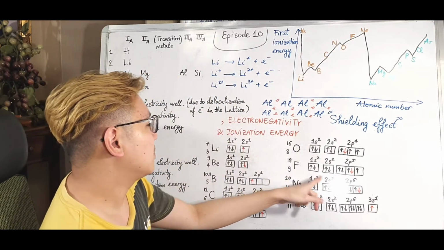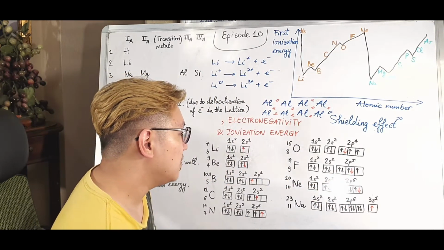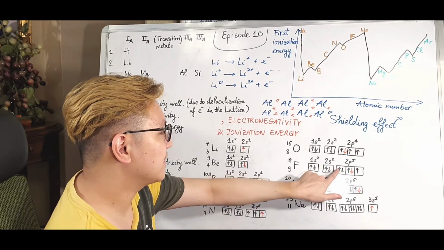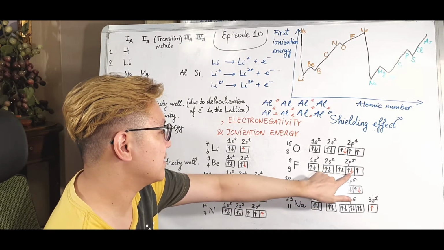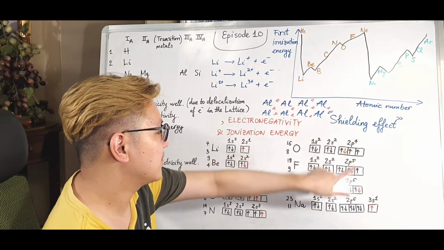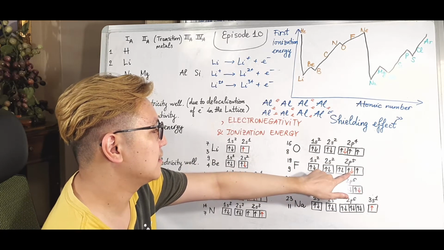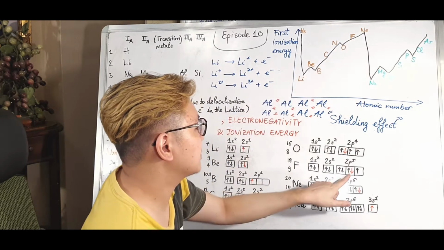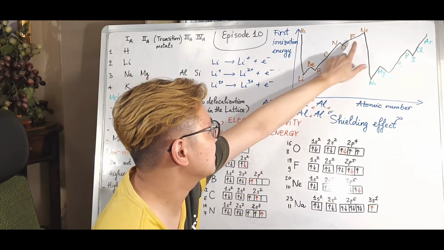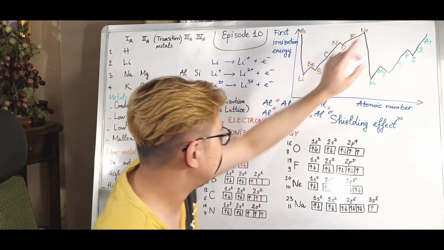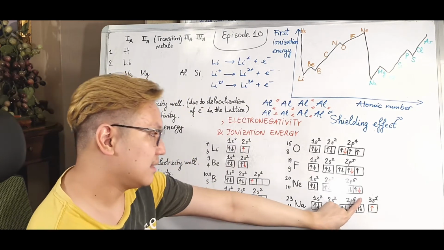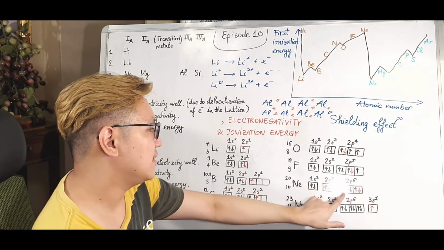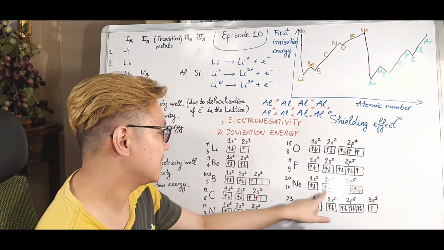Now, for fluorine, because you have these down electrons shielding these down electrons here, the shielding effect applies, it protects this one. So it's harder to remove this electron compared to the oxygen case, right? And of course, neon, don't even mention it. Neon actually achieved the full octet already.